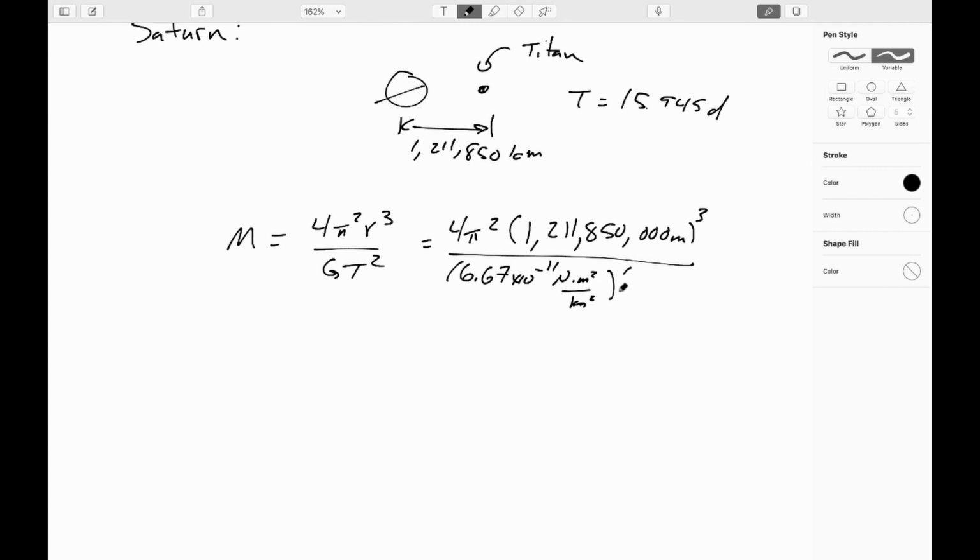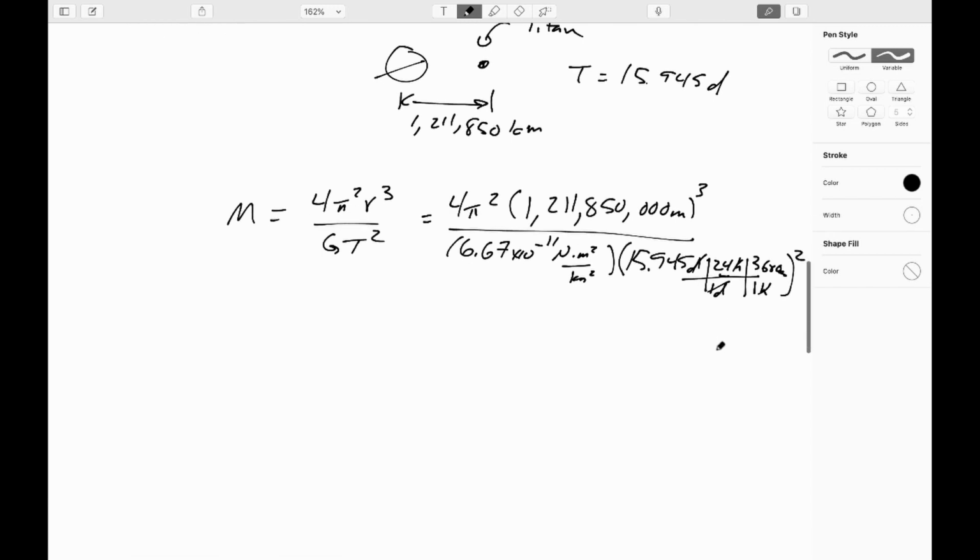So you're going to take your 15.945 days. 1 day has 24 hours, 1 hour has 3,600 seconds. Cancel, cancel, cancel, cancel. And you're going to have to square that. So anyway, when you crank the values through, you will indeed get the mass of Saturn.